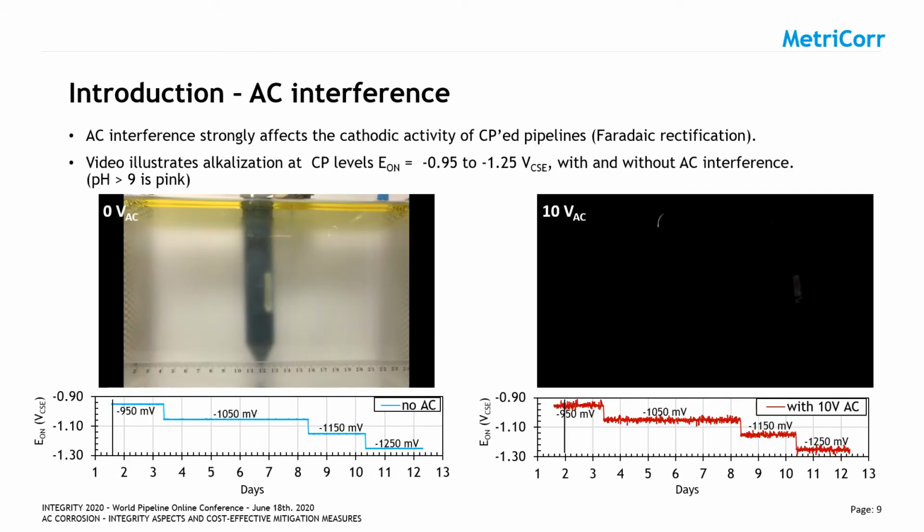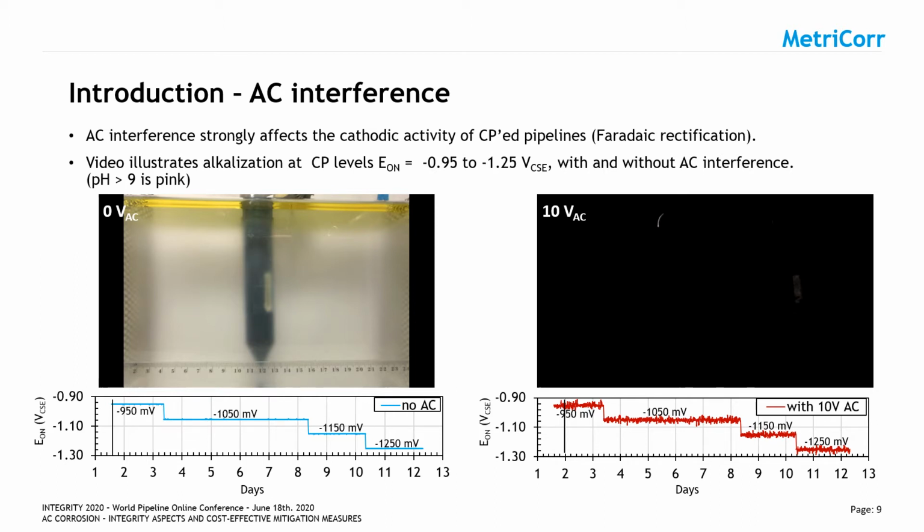Faradaic rectification can be illustrated by comparing two different probes in a transparent simulated soil solution. The two probes experience the same levels of cathodic protection, going from negative 950 millivolts to negative 1250 millivolts, with or without AC interference.